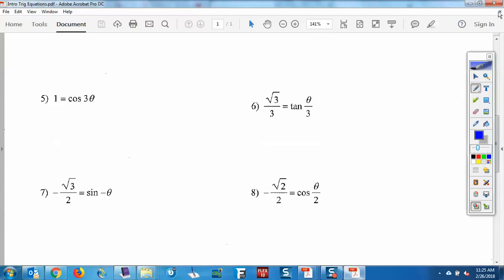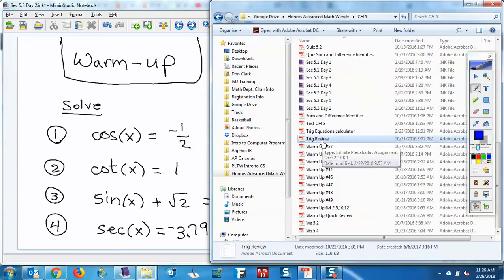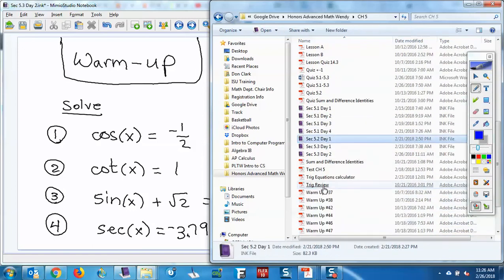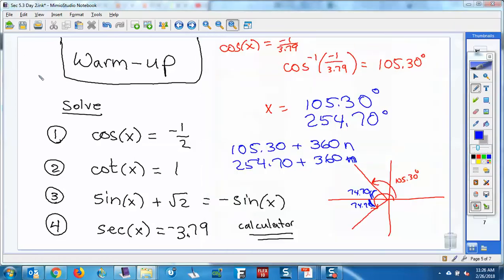Where are the answers? Okay, well, we'll do this by democracy. Whoever agrees with the most answers will win. I could have sworn I had this. All right.